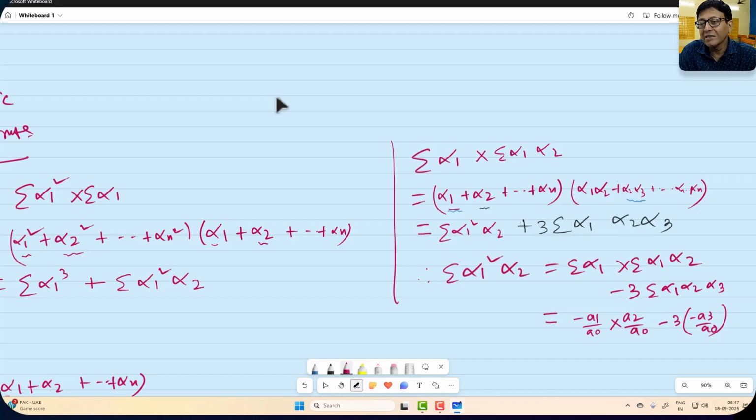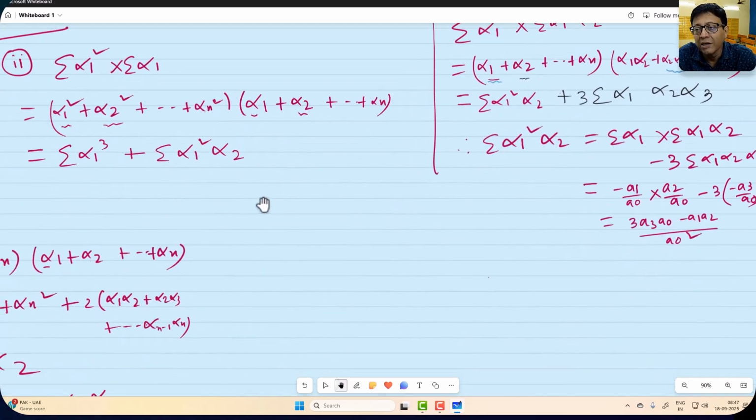So this thing is changed to 3a3 a0 minus a1 a2, divided by a0 square. You substitute the value here which we have left over there, because sigma alpha 1 square alpha 2 was coming.